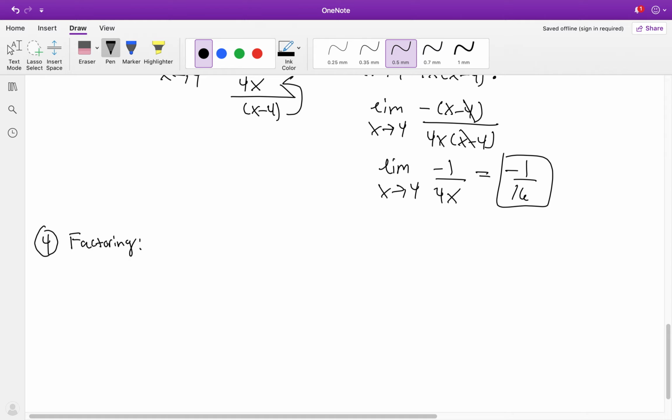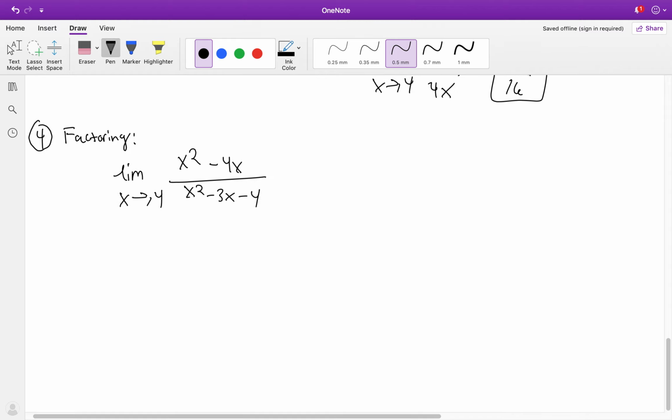So if I have an example where the limit as x approaches 4 of (x squared minus 4x) divided by (x squared minus 3x minus 4). If I plug in 4 again directly, I'll end up getting 0 in the denominator. So I have to try to factor my top and bottom.